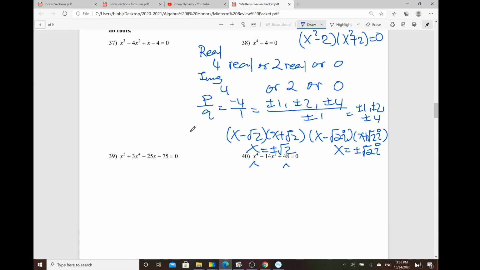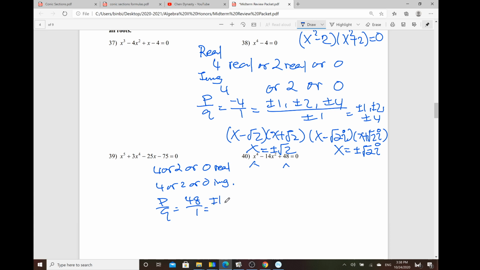Let's just state the number of real roots. So it could be either 4, 2, or 0, just like the previous one. Imaginary, same thing. So 4, 2, or 0. And then for the rational roots, just like the previous one, p over q. Well, this one, that's going to be a lot. So 48 over 1.